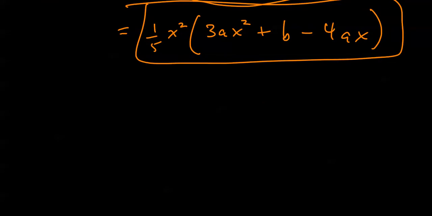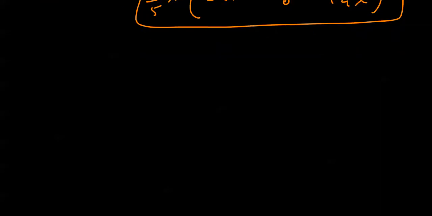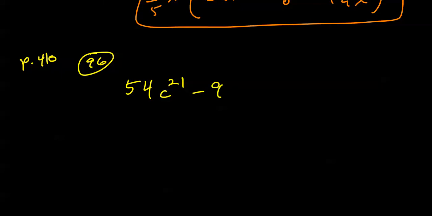Alright, one more we'll call it a day. This one's a little nastier too. This is on page 410, number 96. Same page as the last one. We've got a trinomial of degree 21.